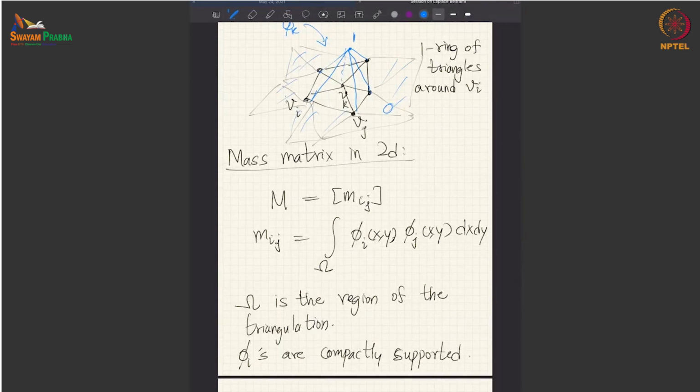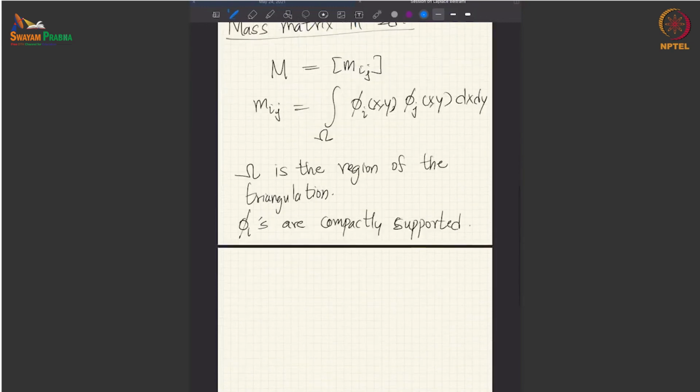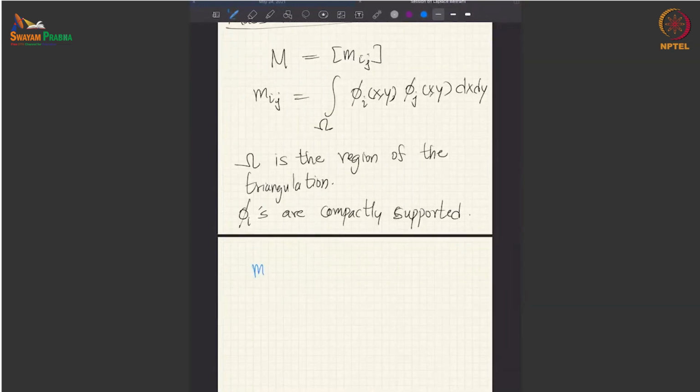It's going to be an integral on all the triangles incident on that vertex for any phi I, phi j, and then you can do some algebra and determine whether phi I and phi j will be coincident or not, or partly coincident, and you can do a little bit of jugglery and figure out that this will be an integral on only some finite number of triangles. So this Mij would become a summation over some E in the support volume.